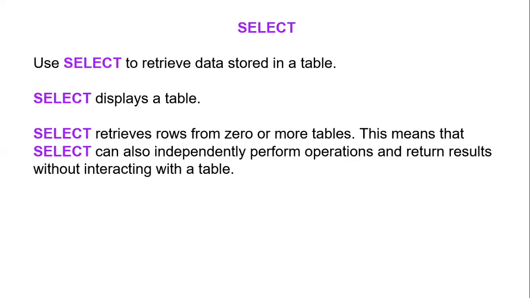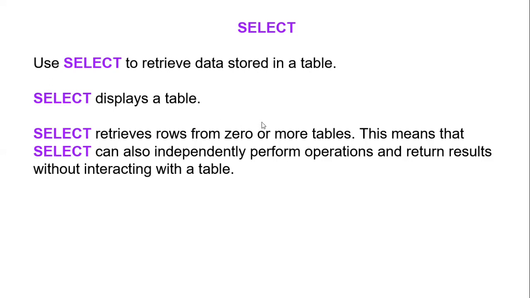We use the select clause to retrieve data stored in a table. Select displays a table, and select retrieves rows from 0 or more tables. This means that we can use the select clause to perform operations and return results without interacting with the table.